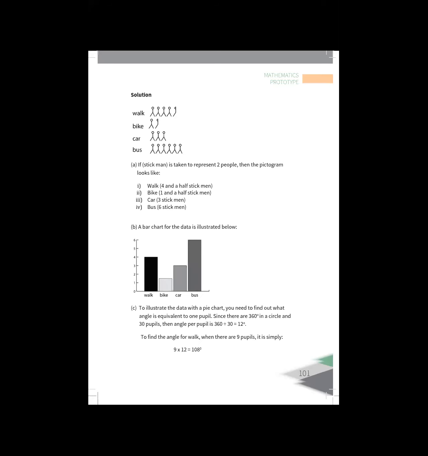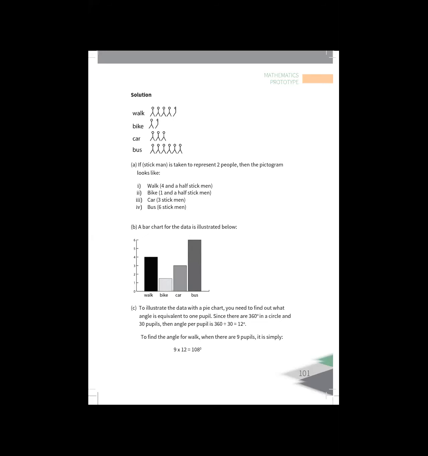You'll say one stickman represents 2 people. What about 4.5 stickmen? It will be 9 out of 2 after working out the mixed fraction, because 4.5 becomes 9 out of 2 times 2, the number of people, whereby you'll get 9 people. You can also use the method of labeling the whole stickmen with 2 plus 2 plus 2, then the half man plus 1.